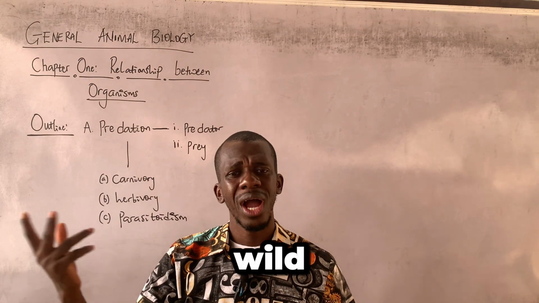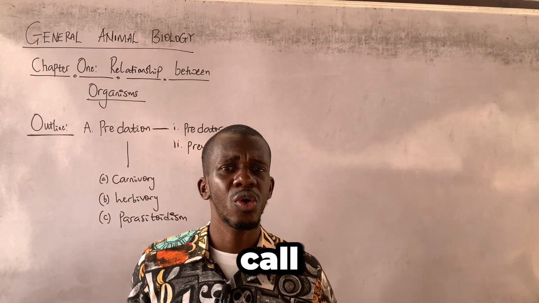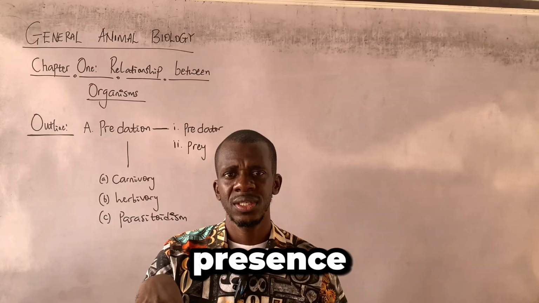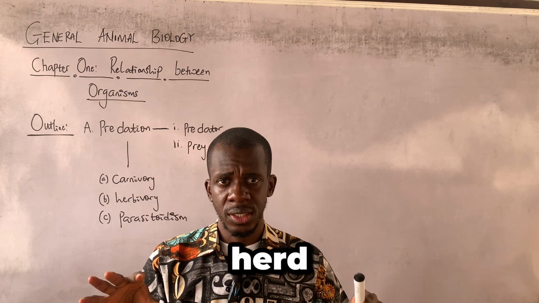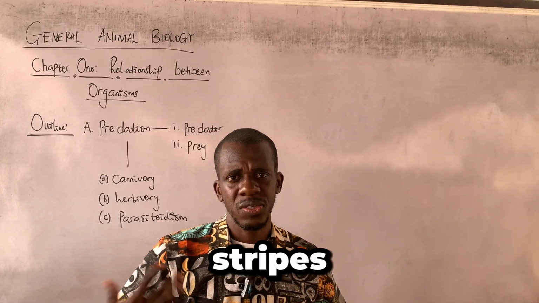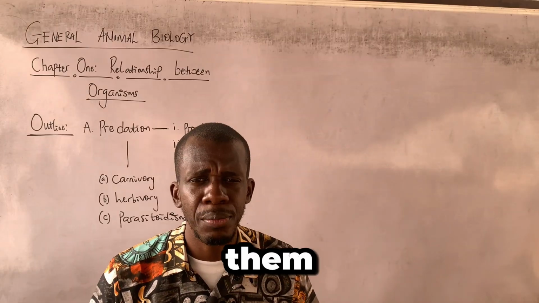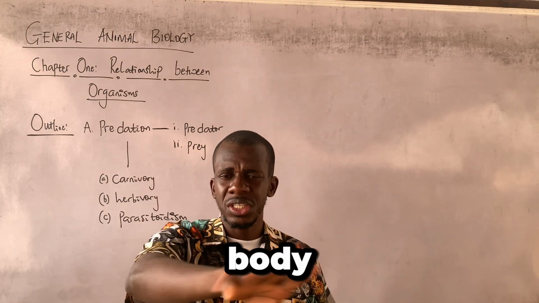All right. Now, in the wild, in the forest regions, zebras possess what we call coloration that protects their presence. When zebras are in groups, a herd, because of the stripes on their body, when the predator, e.g., a lion, looks at them in a group, the stripes distort their body form.